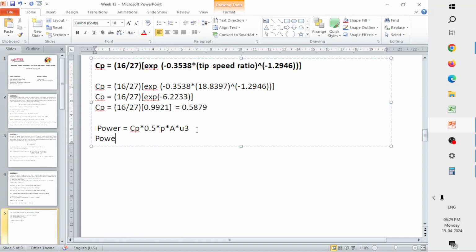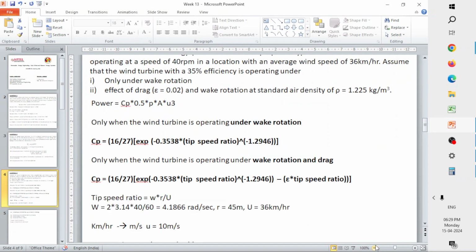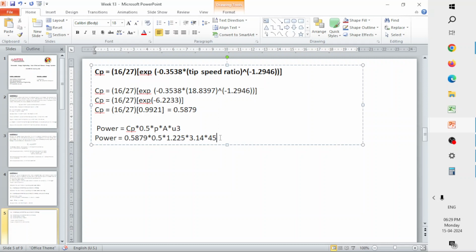So power will be nothing but Cp, that is 0.5879, times 0.5, times density, which we have taken as 1.225, times area. Area is pi r square, so 3.14 into radius. The radius is 45 meters, so just substitute 45 into 45, pi r square, 3.14 times 45 times 45, times u cube.